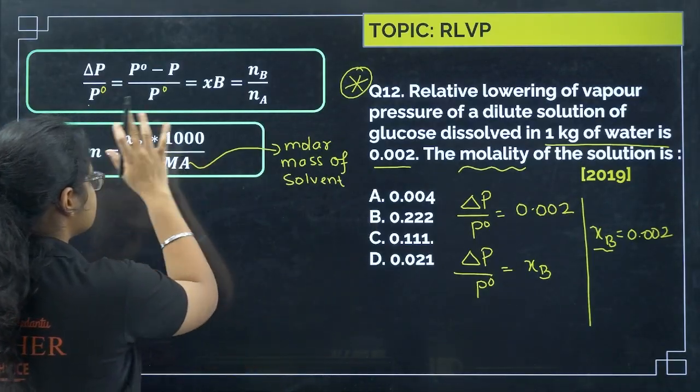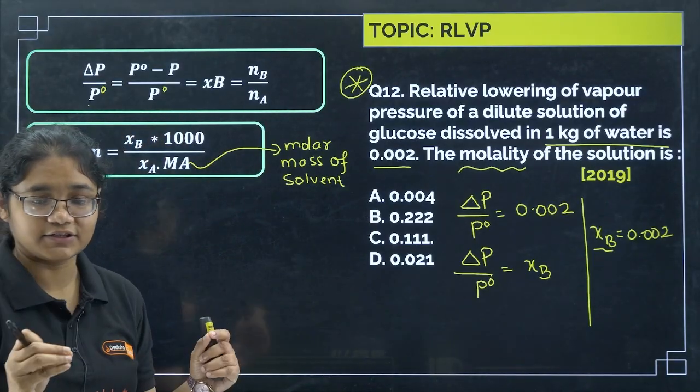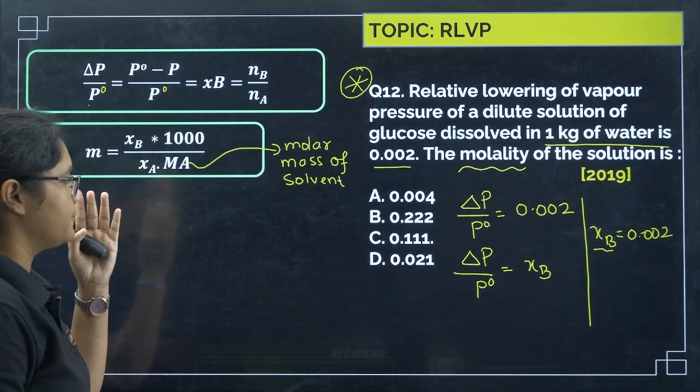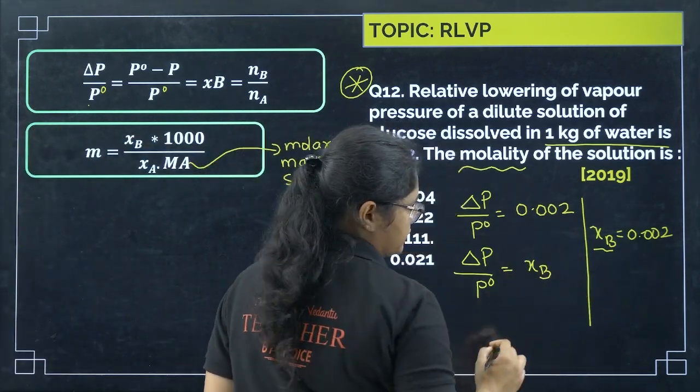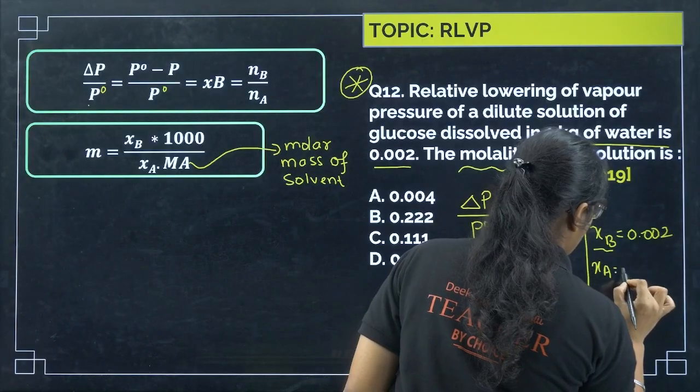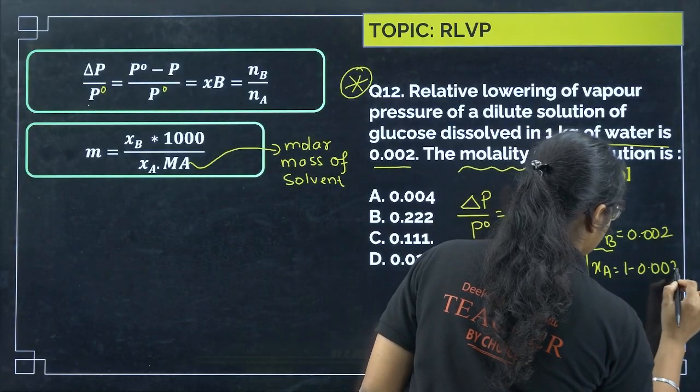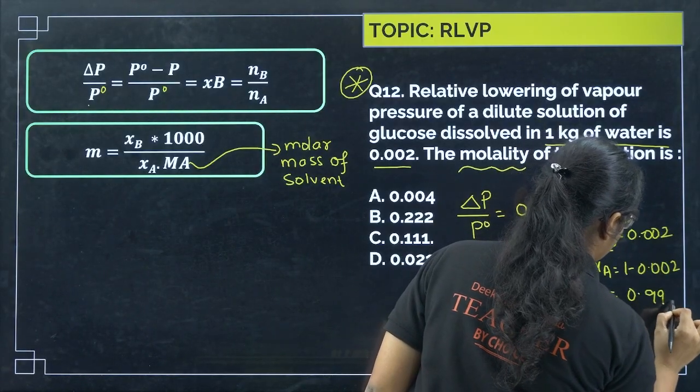Please note down this formula. This I haven't discussed in the lecture. This formula you should know. So now let's solve this. If I have XB value as 0.002, then what is XA? 1 minus 0.002, that will be 0.998, right?